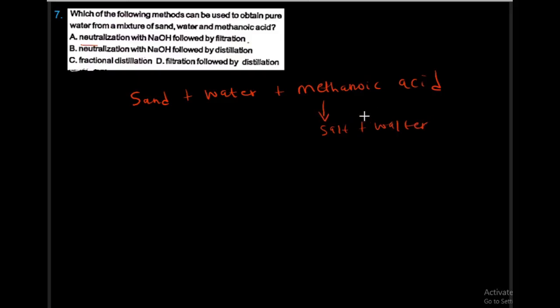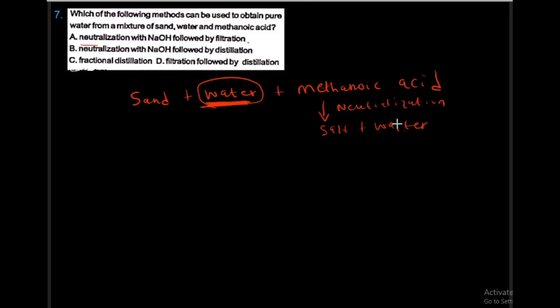All right, remember, they say which of the following methods can be used to obtain pure water. That's we want to get water from this mixture. So neutralization will get salt and water.